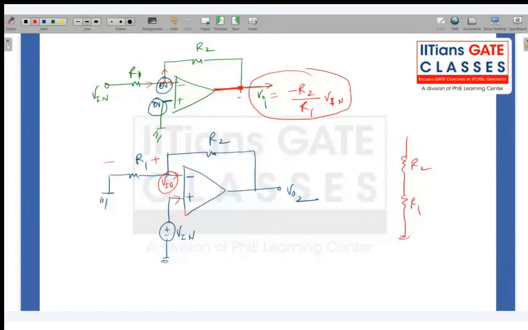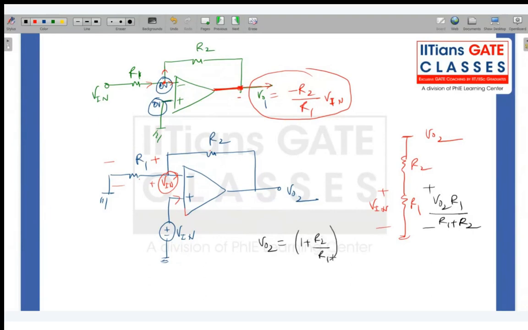Just consider V out 2, and the voltage across R1 is V in because of the virtual short. So V out 2 times R1 by R1 plus R2 is equal to V in. So V out 2 will be 1 plus R2 by R1 times V in.